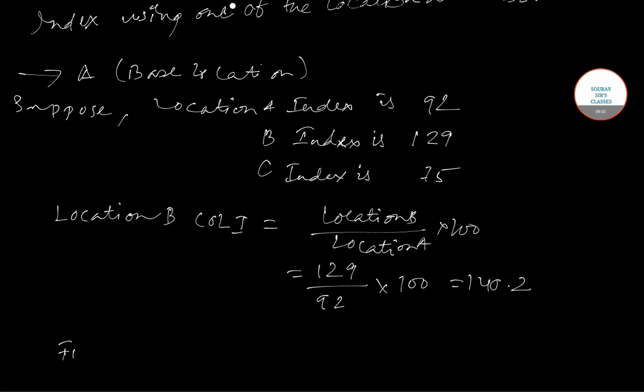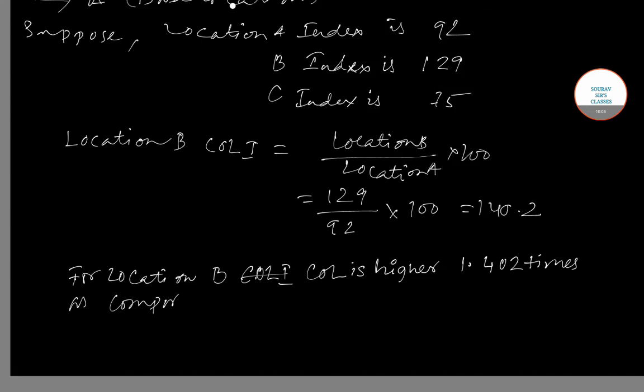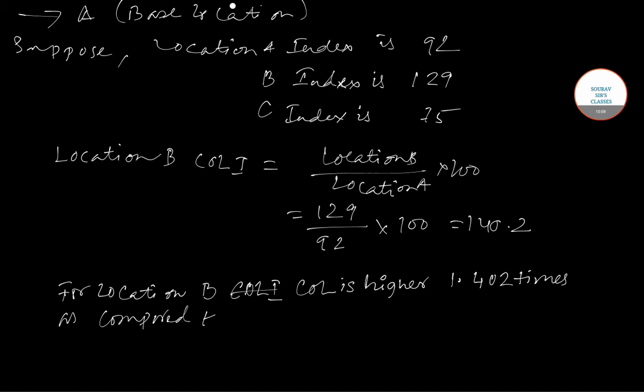So for location B, the cost of living is 1.402 times higher as compared to location A.